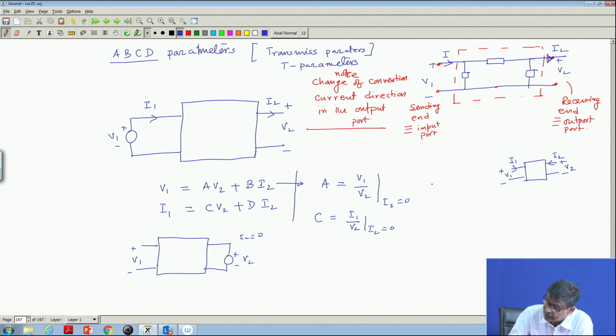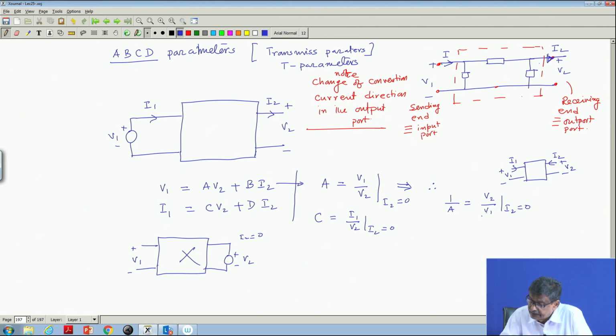But then what I can do is this: from this I come to know what 1 over A is. 1 over A will be V 2 by V 1 with I 2 equal to 0. And here lies the clue. Therefore, in this way it is not possible to find out the value of A directly, but it tells you that 1 over A is V 2 by V 1 with I 2 equal to 0.